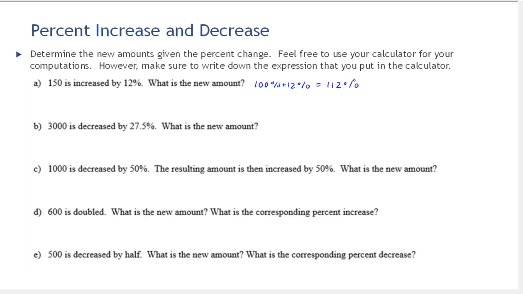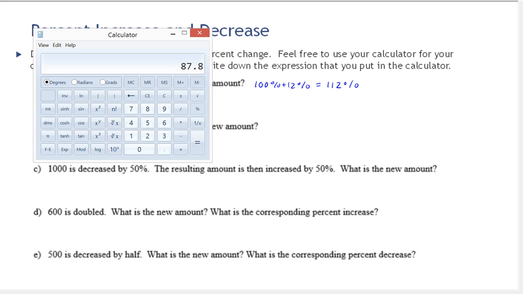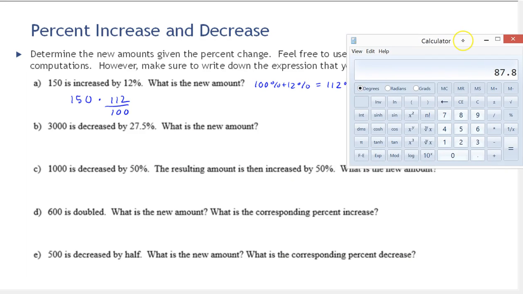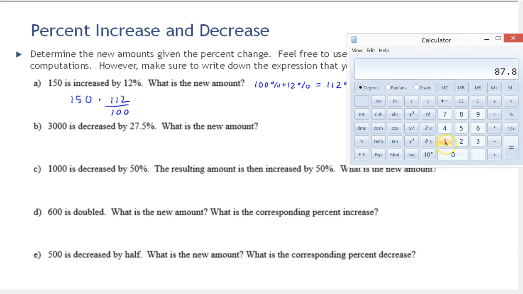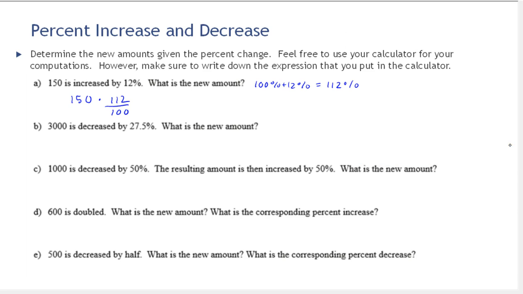Okay, so we can take the old amount, 150, and now we're going to multiply by the multiplicative factor. I'll write this as a fraction, 112 over 100. Let's see what this is. 150 times 112 over 100, and the new amount is 168.